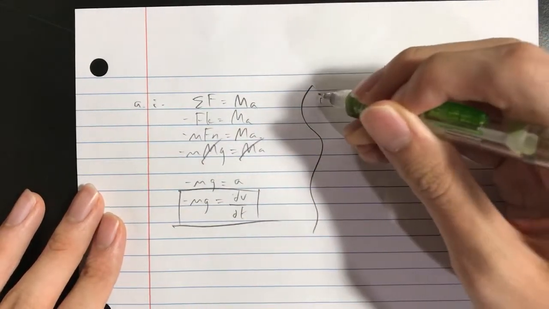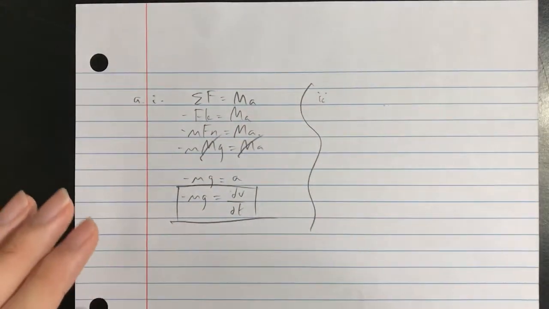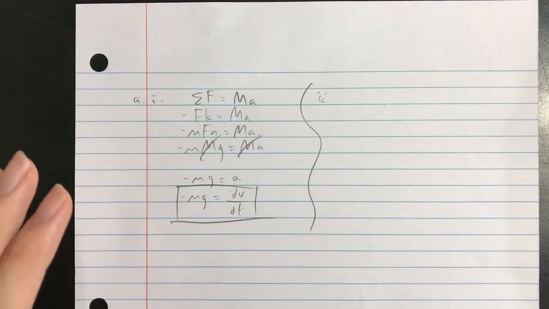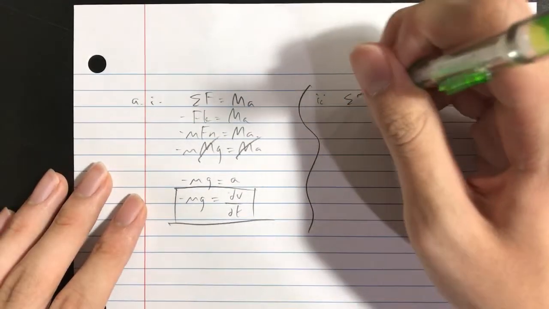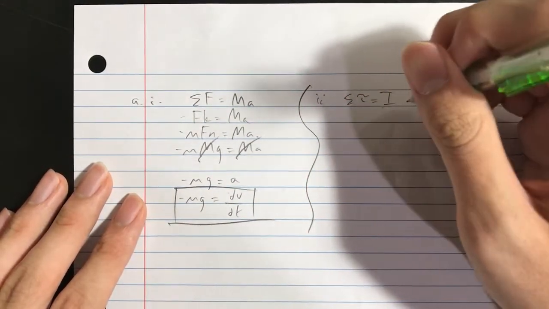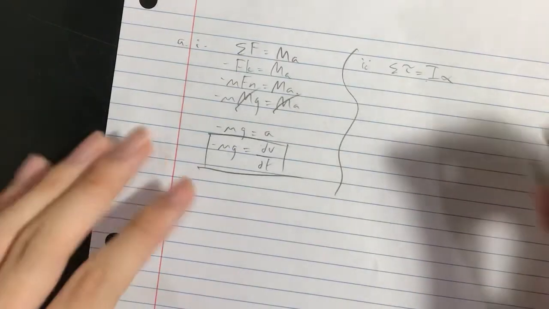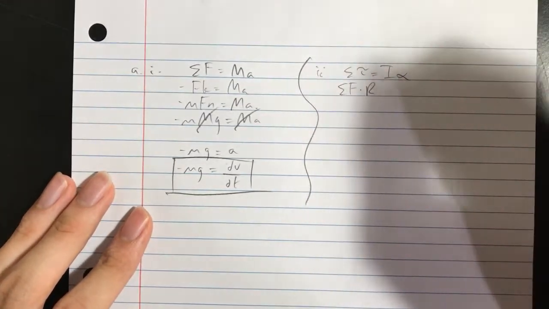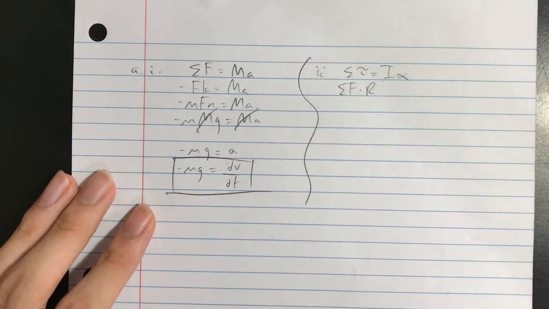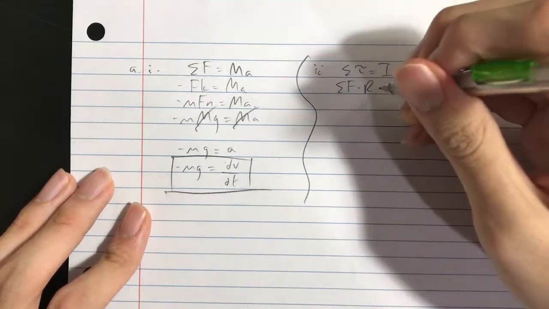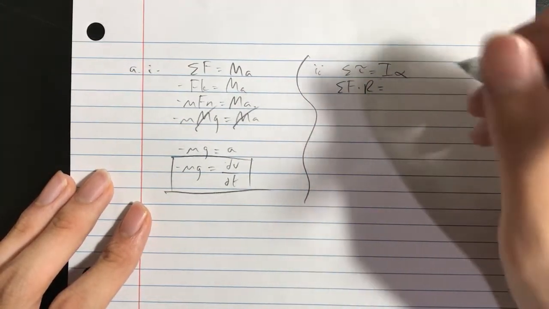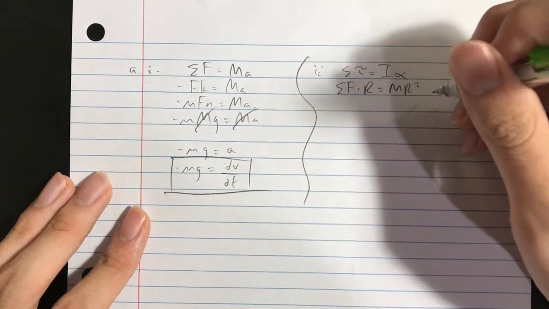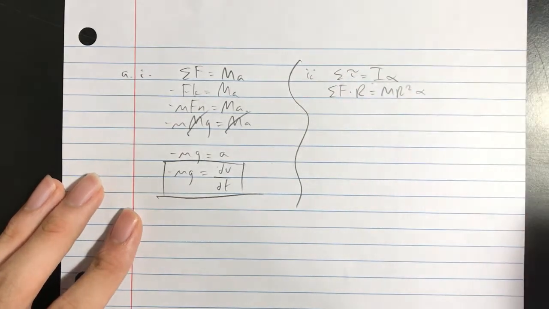Now, part 2. They're asking for angular velocity, so we'll use rotational Newton's second law. Net torque equals moment of inertia times angular acceleration. Net torque equals net force times the axis of rotation distance, which in this case is equal to the radius. Your moment of inertia is mr squared, and then alpha.